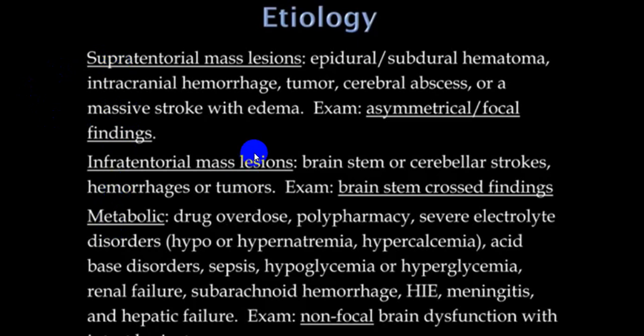In supratentorial, a good number of times it is an asymmetrical and focal finding, while in infratentorial you will have brainstem with a crossed finding, meaning on one side lower motor neuron, on the opposite side upper motor neuron, with cranial nerve involvement, cerebellar signs, etc.